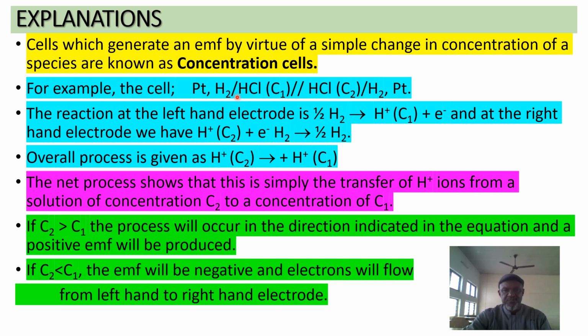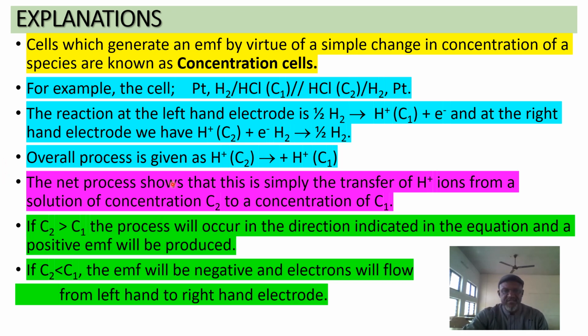For example, look at the C1, C2. The same species that is on the left, hydrogen and hydrogen chloride, hydrogen and hydrogen chloride, platinum electrode, platinum electrode. The difference is C1 and C2. The reaction at the left hand electrode is this. Look at it, oxidation. And at the right hand electrode, we have reduction. The overall process is given as this.